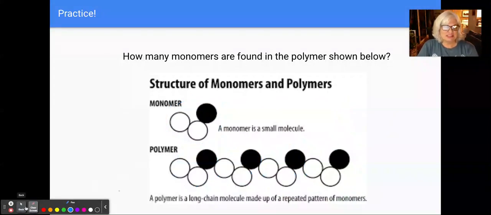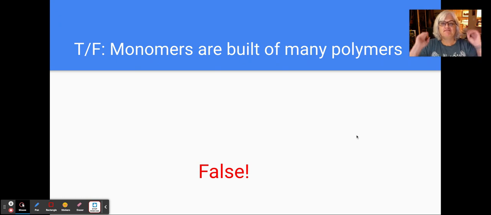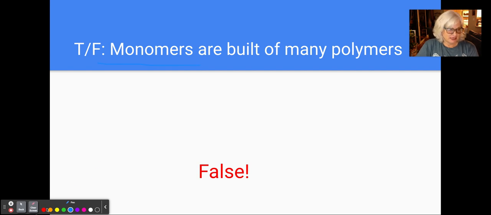One more question to practice. True or false? Monomers are built of many polymers. What do you think? Pause the video, write it down in your guided notes. This is false, and I hope everybody got that. It's backwards, right? Monomers are the single building block, and they build polymers.